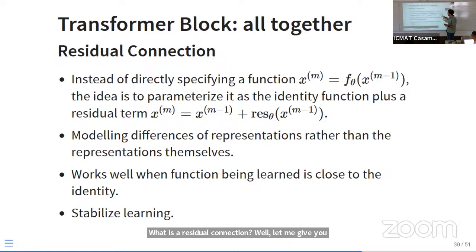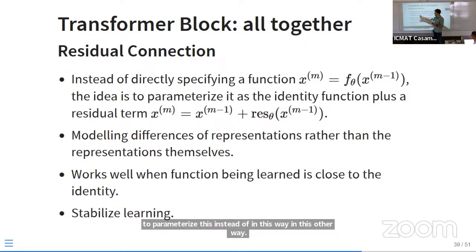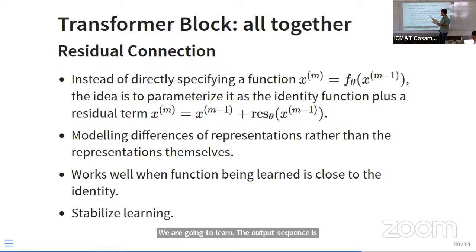What we are doing now is mapping a sequence into another sequence. So somehow we are learning a function that maps a sequence into another sequence. Sometimes it's better to parameterize this in another way: the output sequence is going to be the input sequence plus a function that we call the residual connection. Okay.